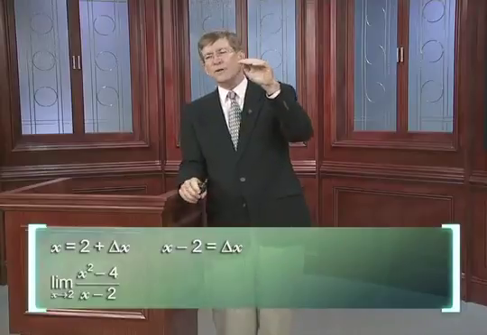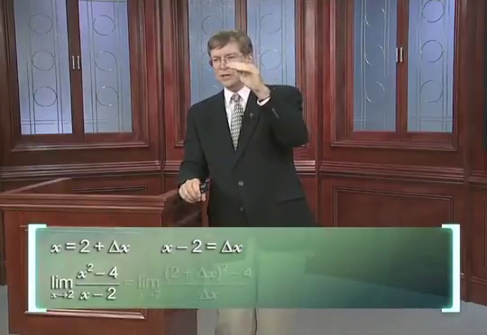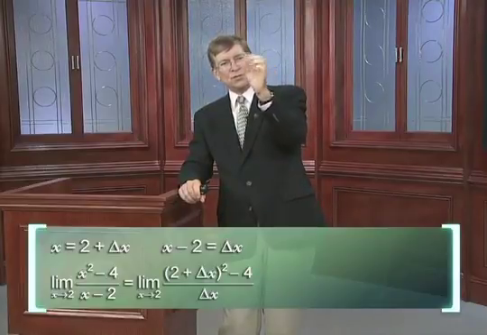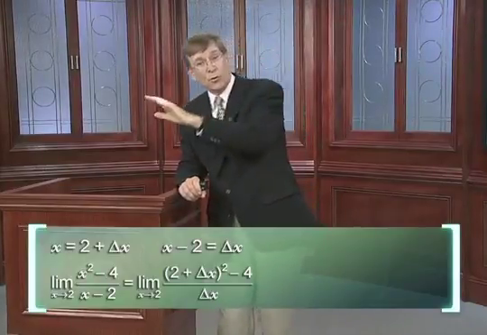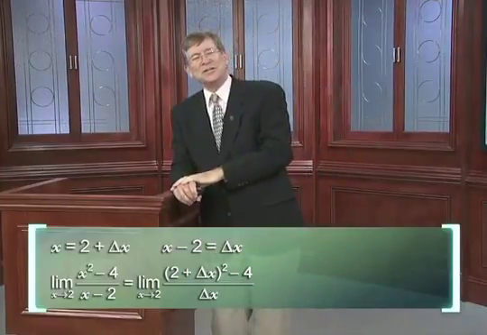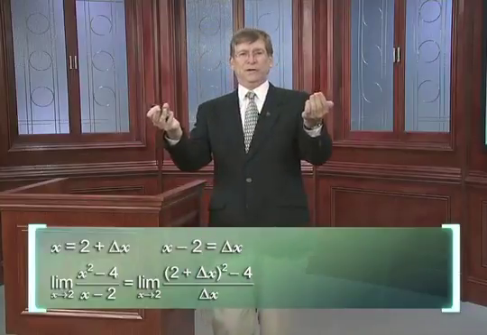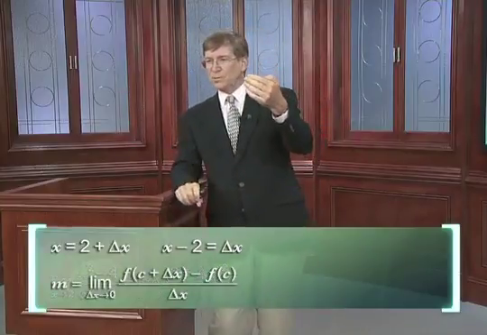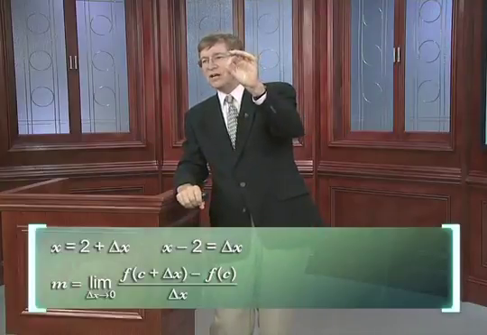And then our formula, (x squared minus 4) over (x minus 2), becomes, well, replace x with 2 plus delta x. So it's ((2 plus delta x) squared minus 4) divided by, well, x minus 2 is just delta x. And in general, for an arbitrary function, you have the slope equals the limit of (f of (c plus delta x) minus f of c) divided by delta x.